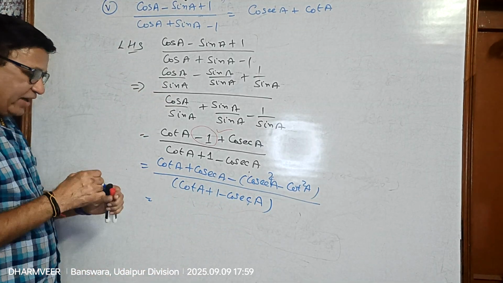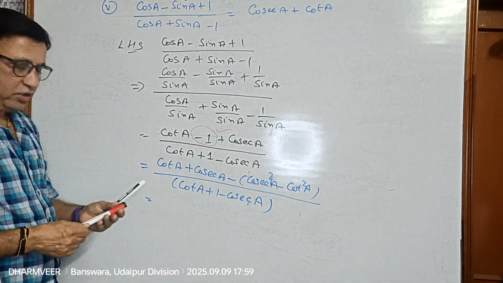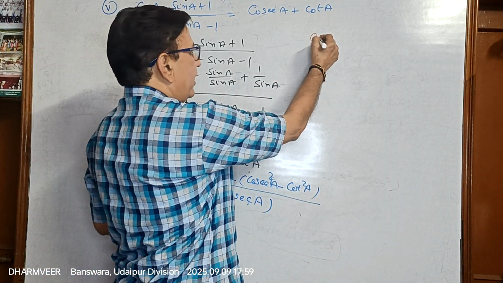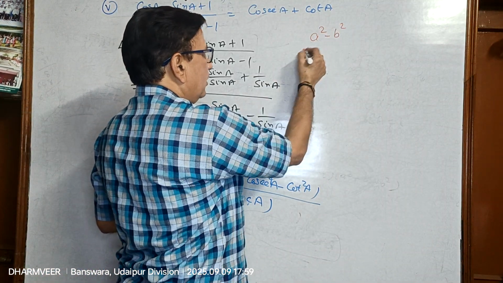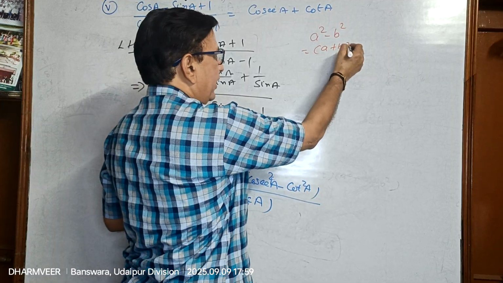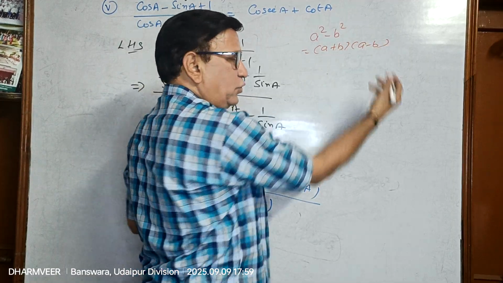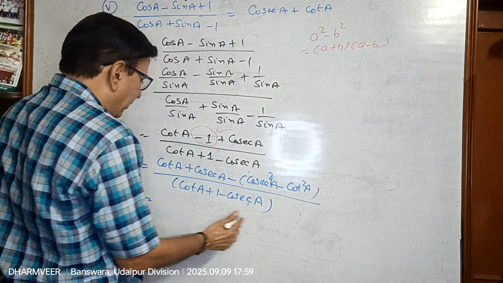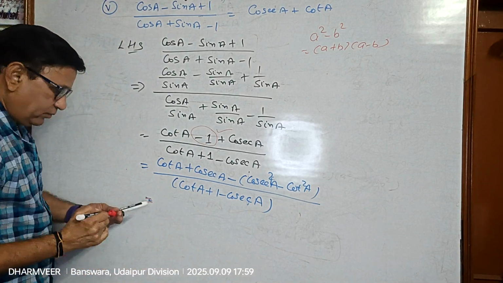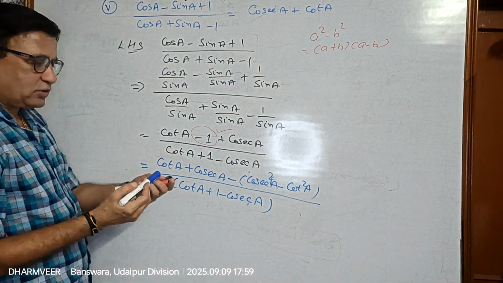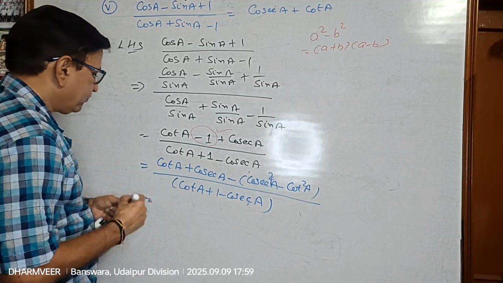Now here you have to apply the identity of A square minus B square. What is that, beta? A plus B times A minus B. So apply the same thing here. Okay, the red pen is not clear, so I am using the black pen here.